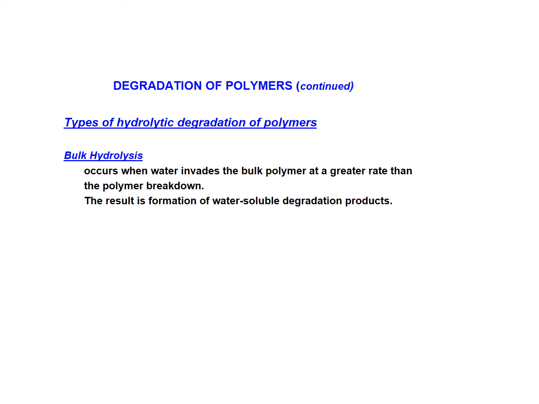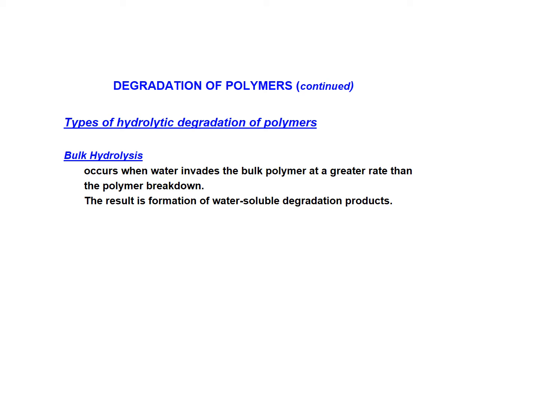Because of the wide use of polymers in biomedical applications, they have been studied extensively. One aspect which has also been studied extensively is their degradation. There are two types of hydrolytic degradation of polymers. One of them is referred to as bulk hydrolysis.